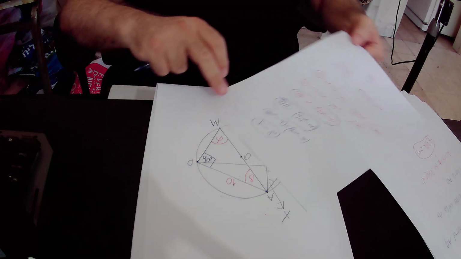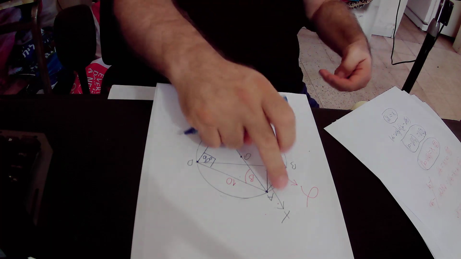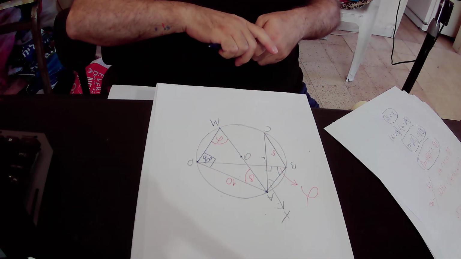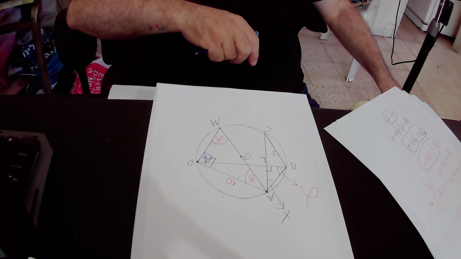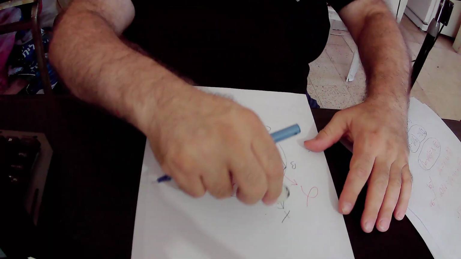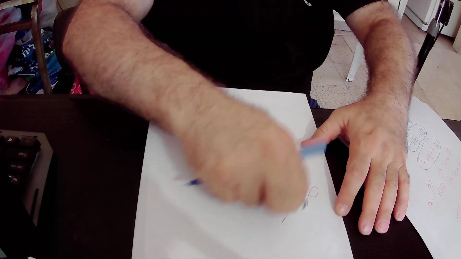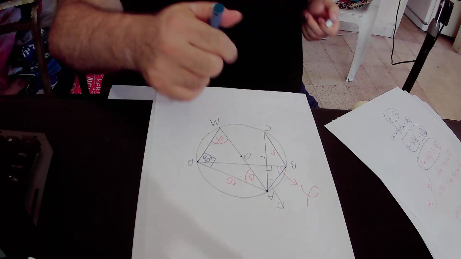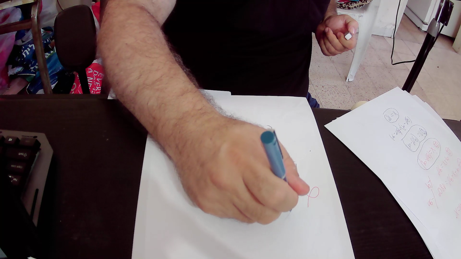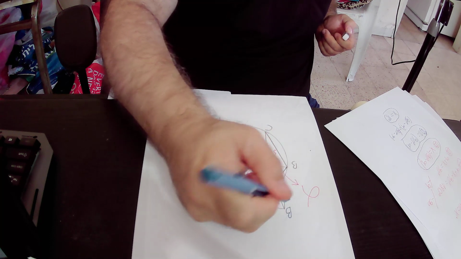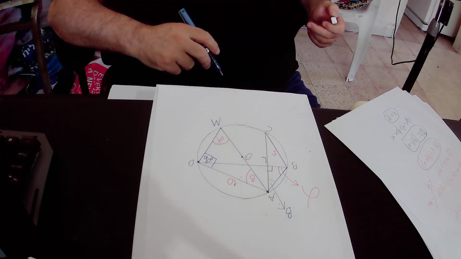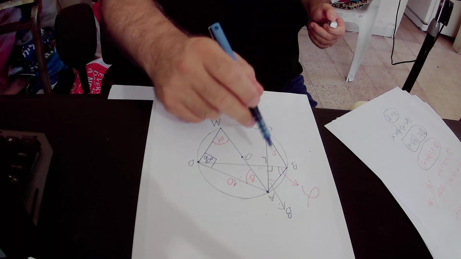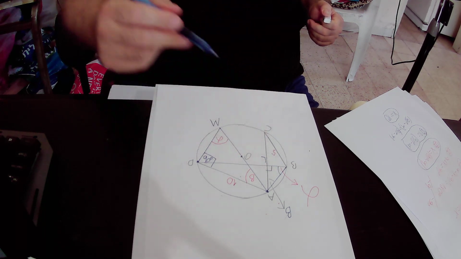So we can substitute x by beta. Instead of x we will write down beta. So angle BAL equals beta.